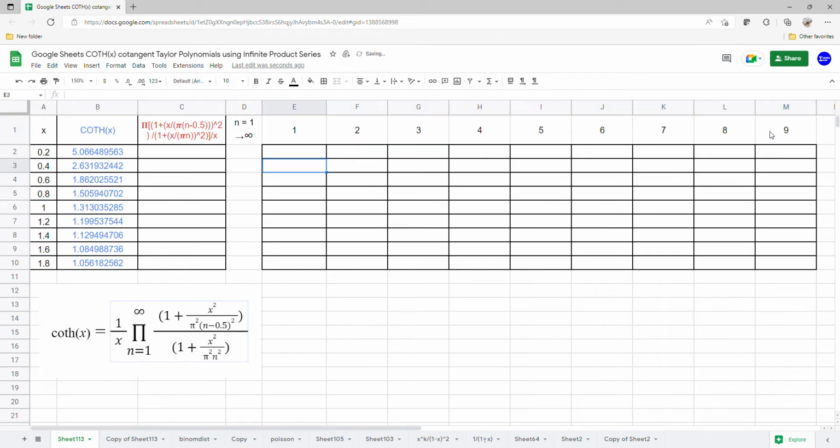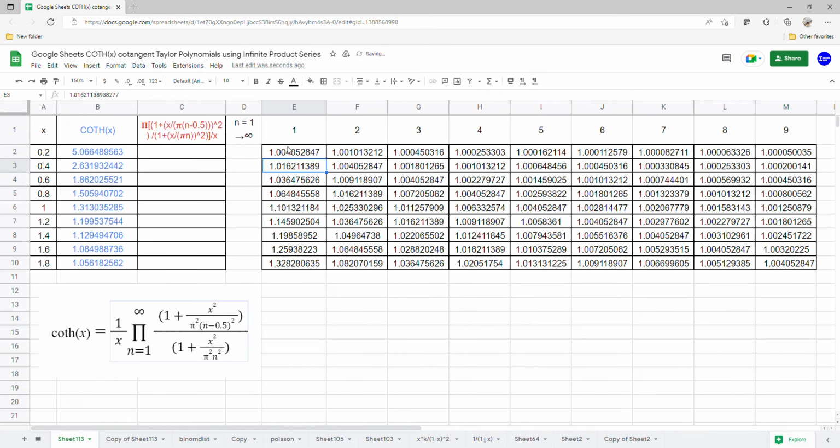Next, we continue. We factor in 1 plus. So again, this will be 1 plus. That's the denominator.